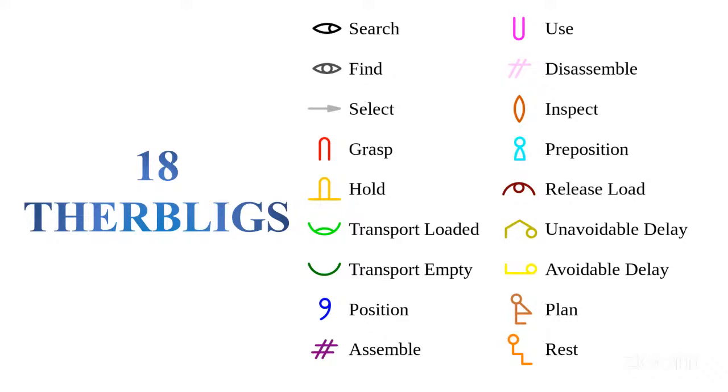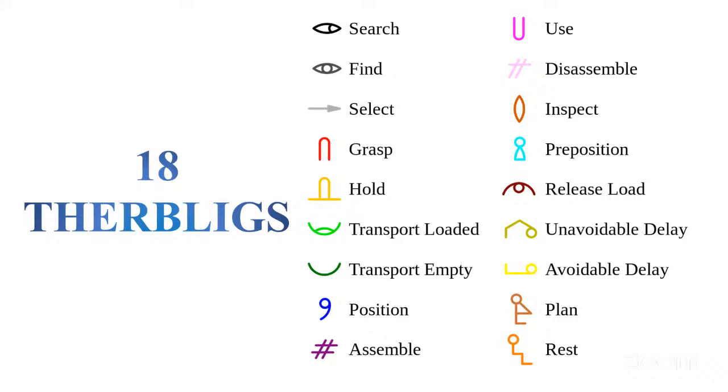Then we have a half, like full bowl shape, which is transport loaded. Then an empty bowl will be transport empty. Then for position, it's in a P shape, okay, see. Then we have a hash for assemble, and an exact U for use.